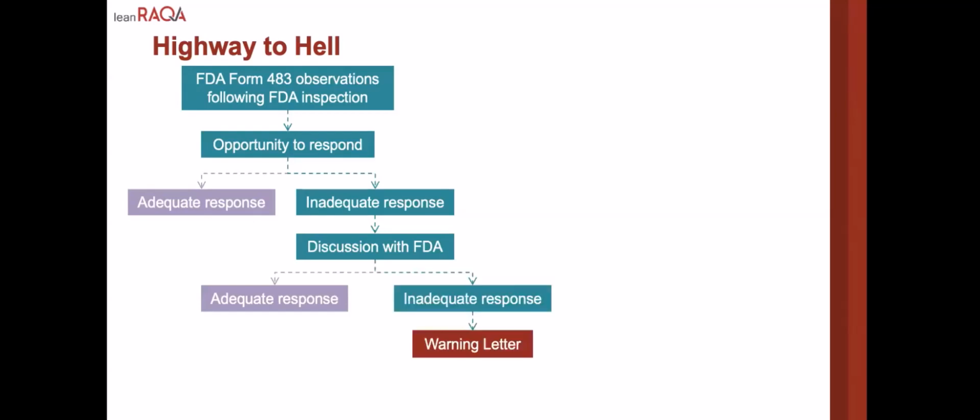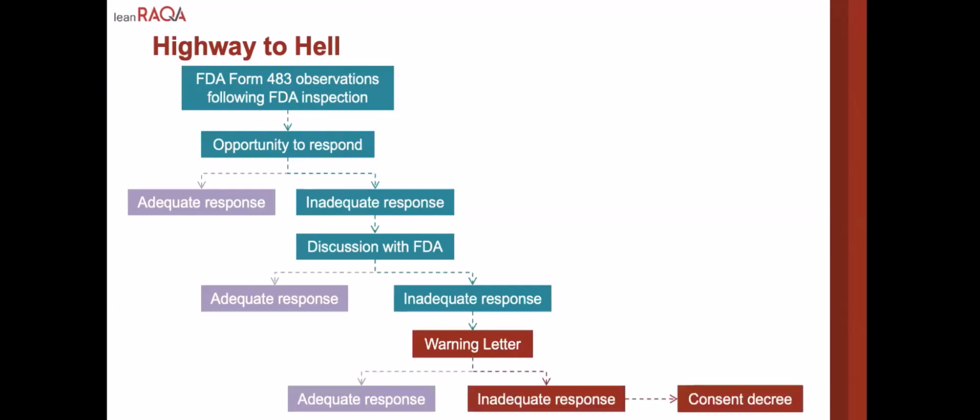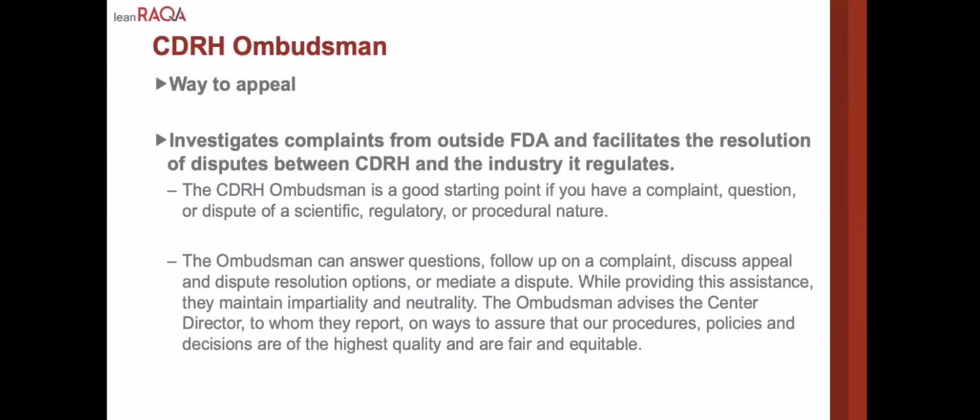If you continue to have an inadequate response, like that company that I just described, you are going to get a warning letter that you'll have another opportunity to respond to. Should you choose to continue the inadequate response process, that's when it can get escalated to something like a consent decree or one of those other consequences that we discussed a few slides ago.